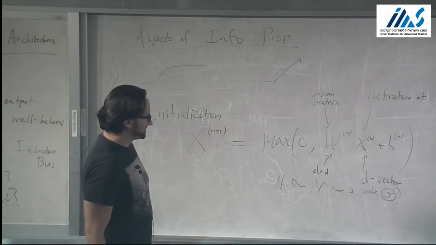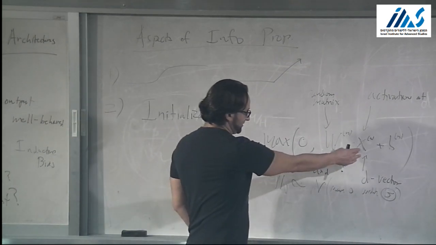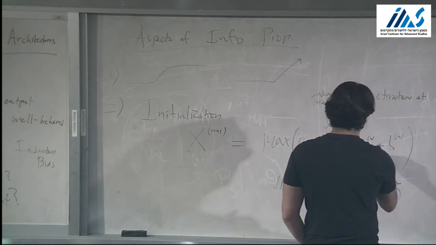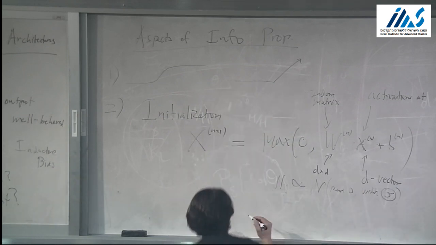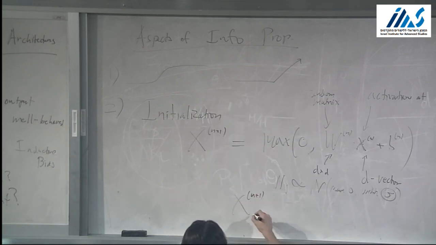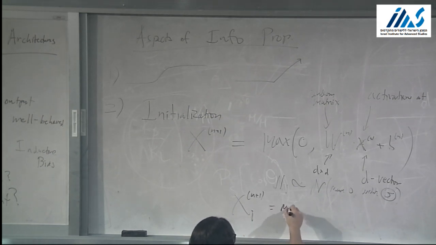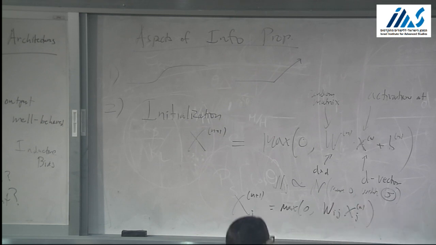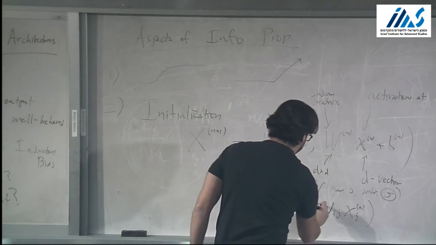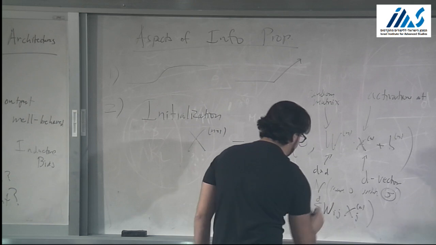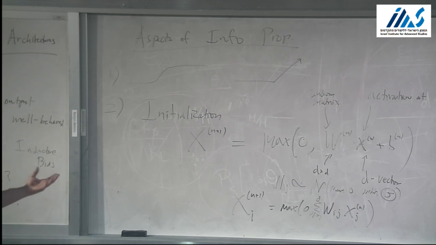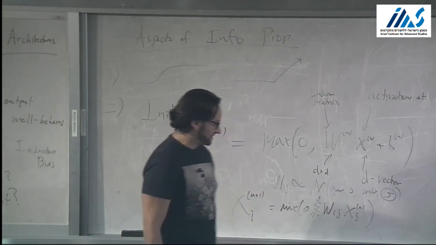Well, any one of these entries, if these are, say, order 1, then x_{n+1,i} will be max(0, sum over j of W_ij x_{n,j}). In other words, here we have a sum on j from 1 to d of numbers that are Gaussian, randomly distributed with random signs.